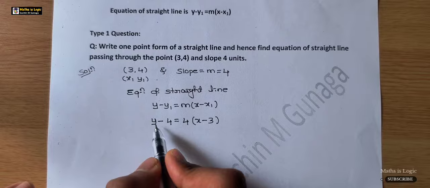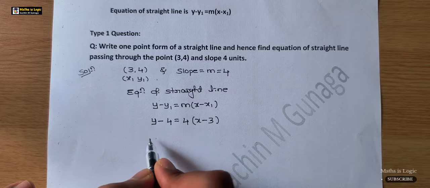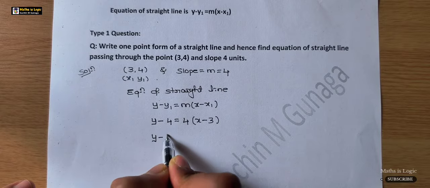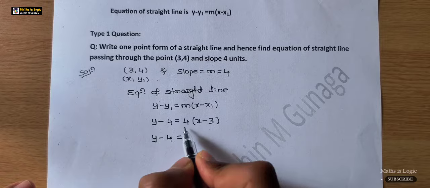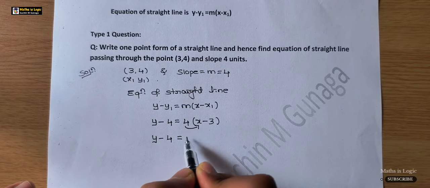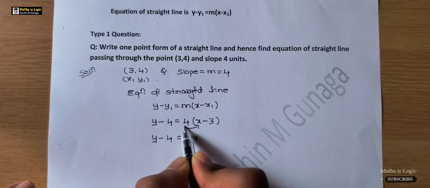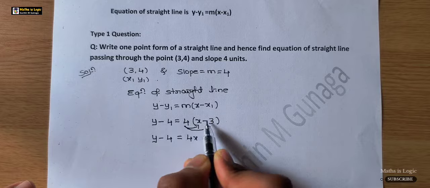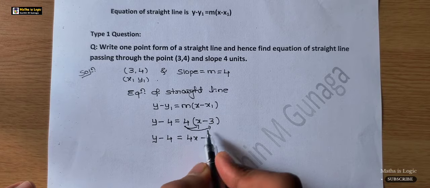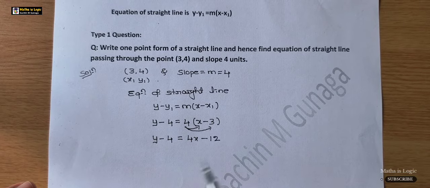Next, on the left hand side we cannot do any simplification, so keep it as it is, y minus 4, and on the right hand side open the bracket, 4 into x is 4x. Next, these two, plus into minus is minus, 4 into 3 is 12.